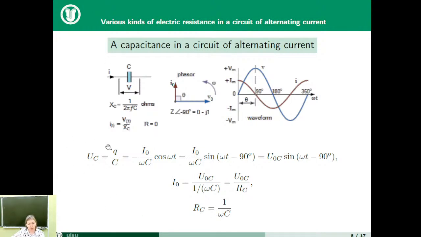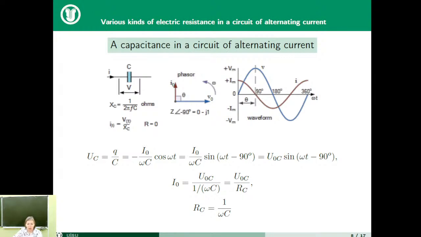Here UC is equal to q divided by C. And the current in the circuit is I equal to dq divided by dt. And we can get the expression for q.